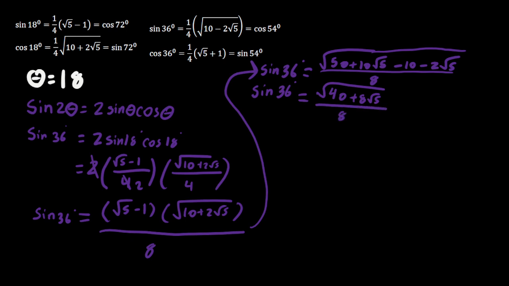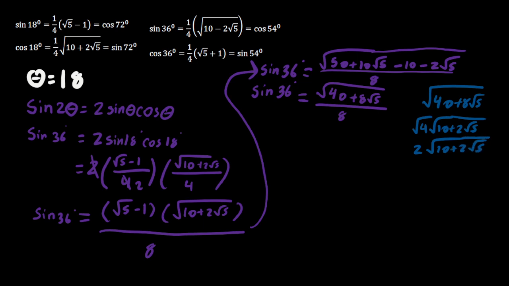And if we just take root 4 out of all this, let's just do it over here. Right, so if we just take root 4 out of all this, we get 2 root 10 plus 2 root 5.